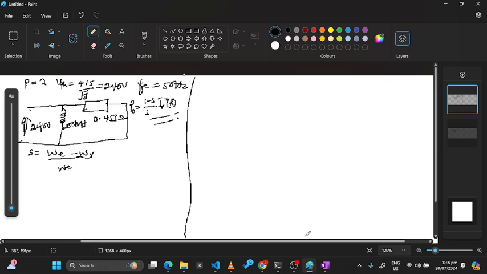We were given NR, the speed in revolutions per minute, that's the rotor speed, to be 1480. We can find NS to be equal to what? 60F divided by small p. So NS is going to be 60 times 50 all divided by 2, and the synchronous speed will be 1500 RPM.